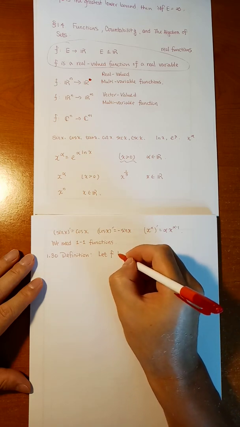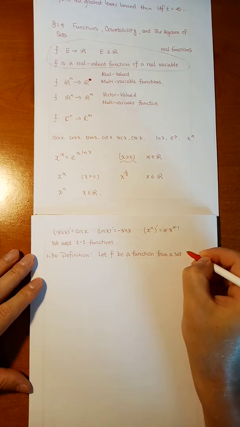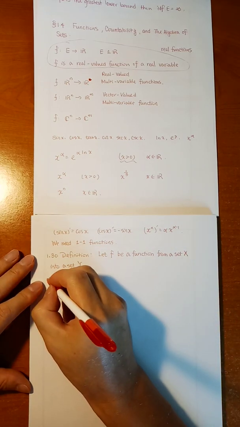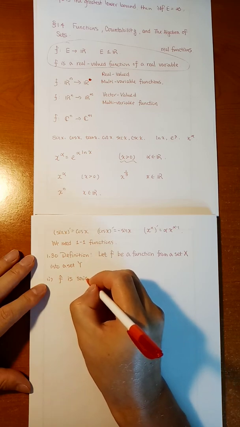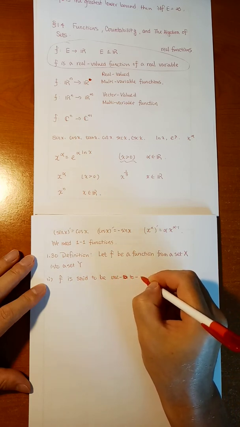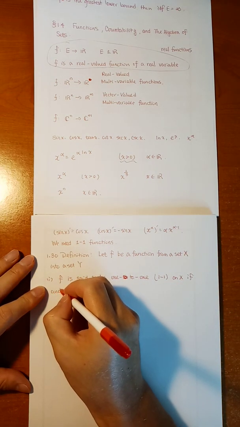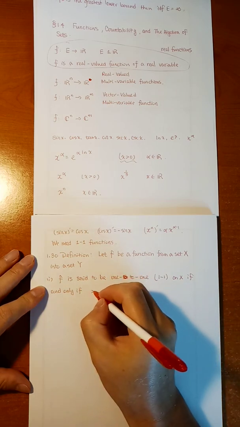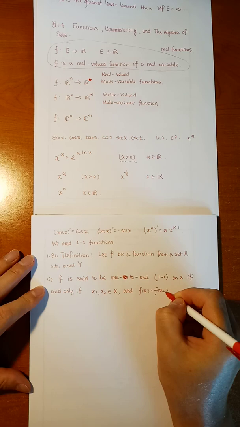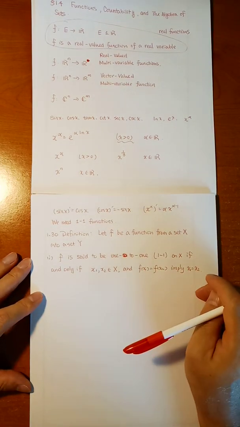Let f be a function from a set X into a set Y. Then part 1, f is said to be one-to-one, here we write 1-1, on X if and only if x1, x2 belong to X and f(x1) is equal to f(x2) imply x1 is equal to x2. Okay, this is a one-to-one.